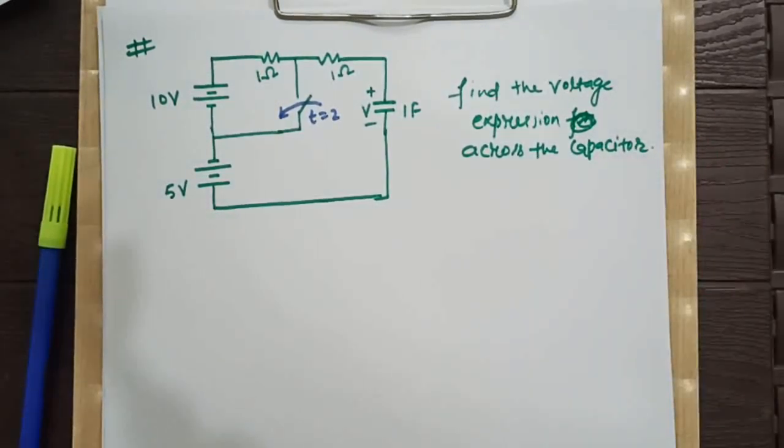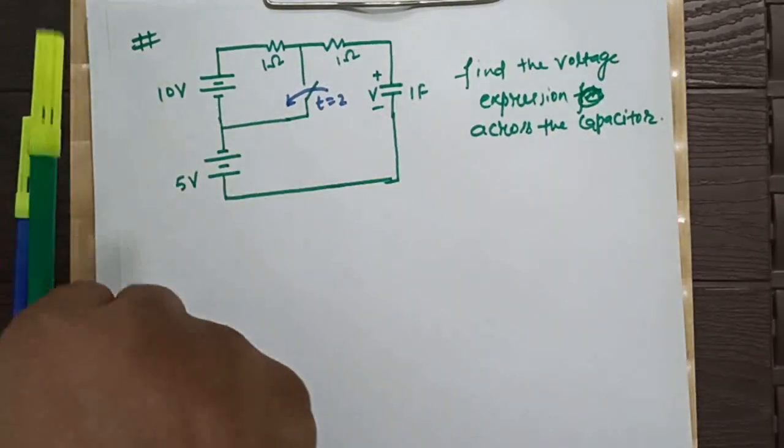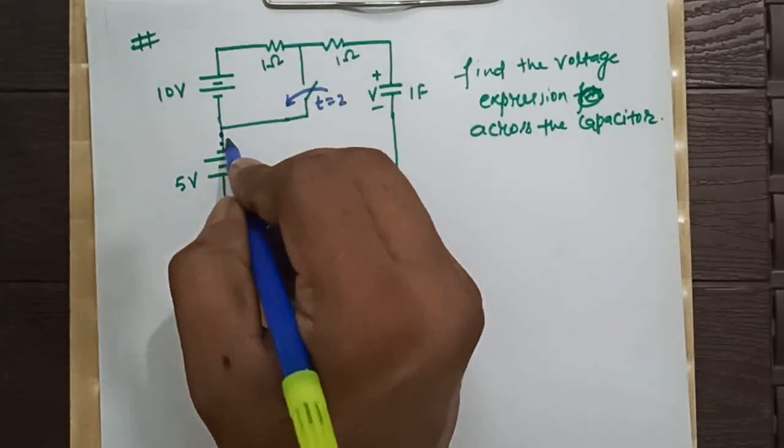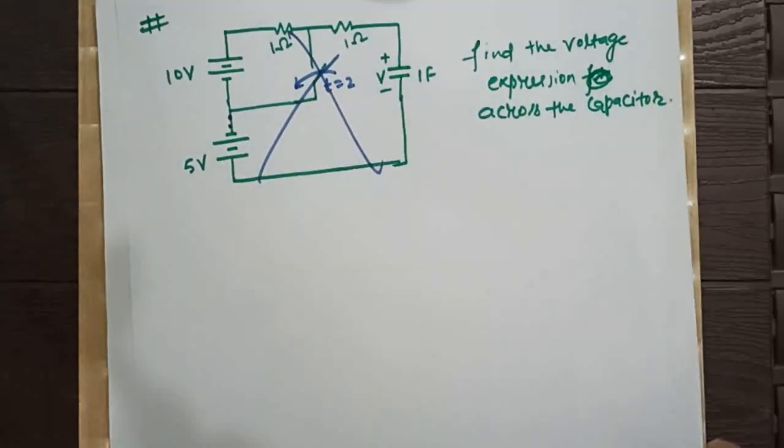Clear? Now see, at time t equal to 0, sorry, I forgot to add one more switch. See, one more switch is here. Let's redraw its circuit.